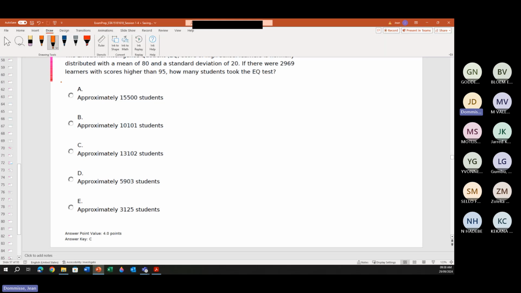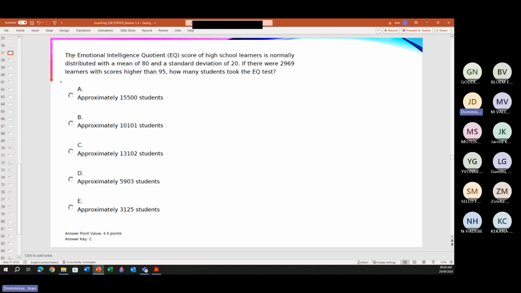So let's just check. The emotional EQ score of high school learners is normally distributed with a mean of 80, standard deviation of 20. If there were 2969 learners with scores higher than 95, how many students took the EQ test?